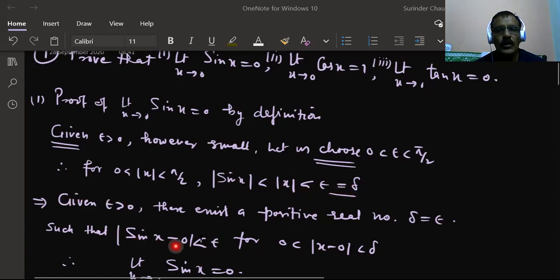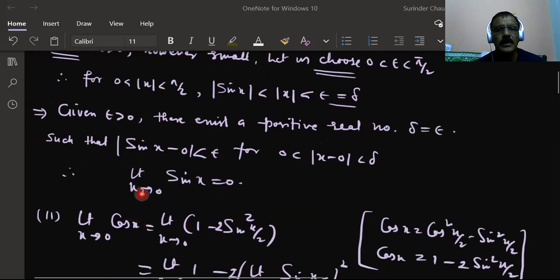So this implies limit x tends to 0 of sin x is 0.